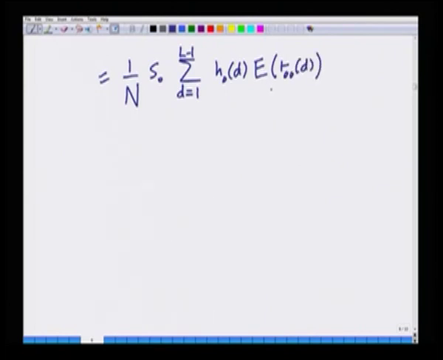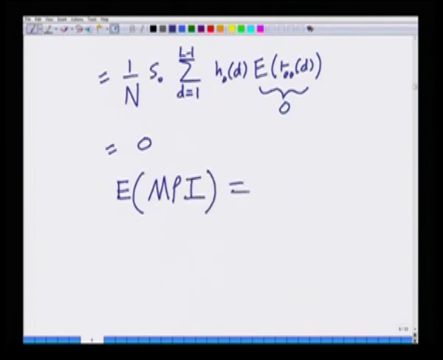But we know expected R00 of d is 0, hence this is the sum of L minus 1 terms, each of which is 0, hence this is 0. Hence, we can say the expected value of this multipath interference is 0.